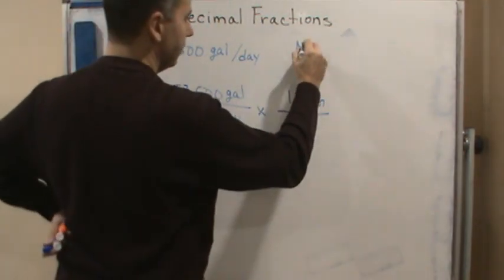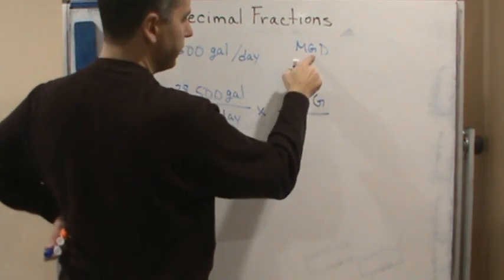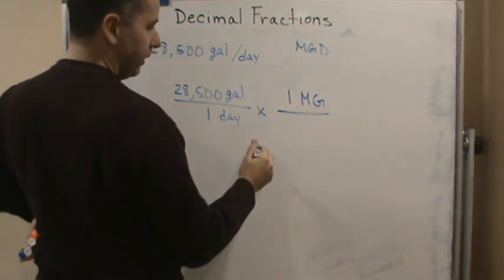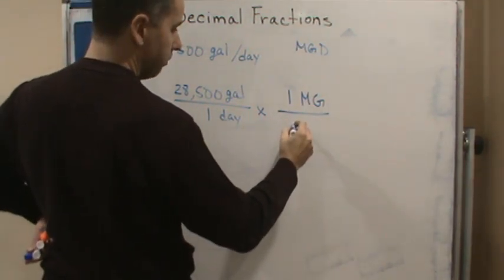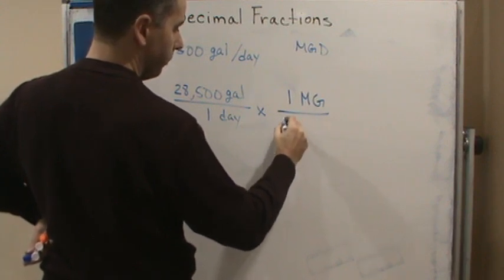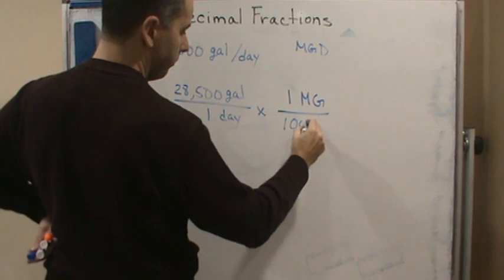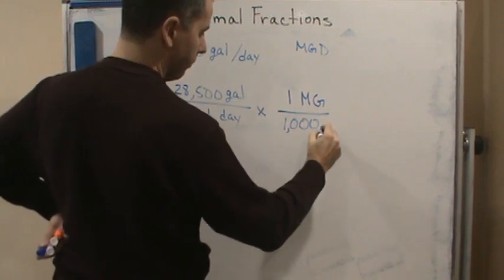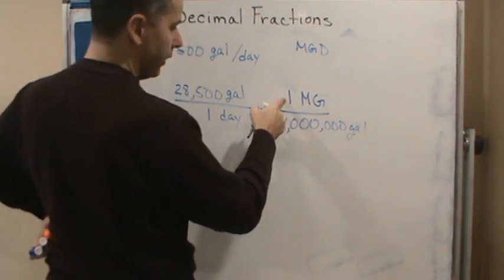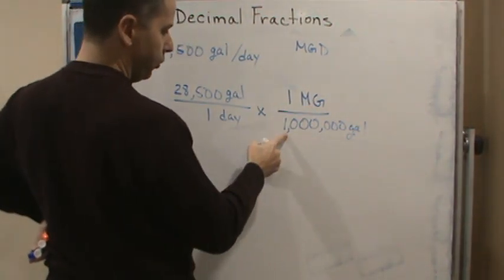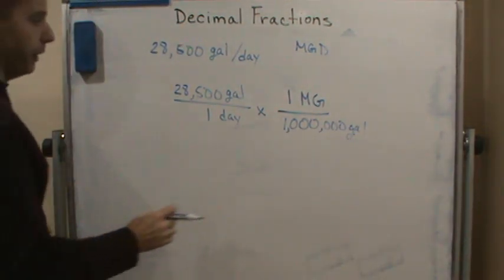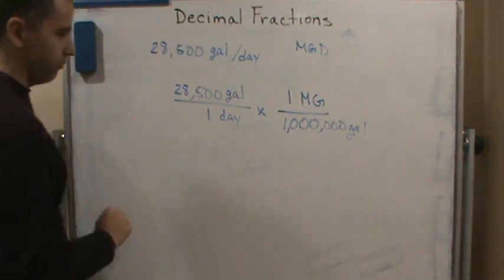So MGD, millions of gallons per day. Okay? So 1 MG goes with what? 1 MG unit is equal to 1 million gallons. Right? So I'm comparing this unit to this unit.